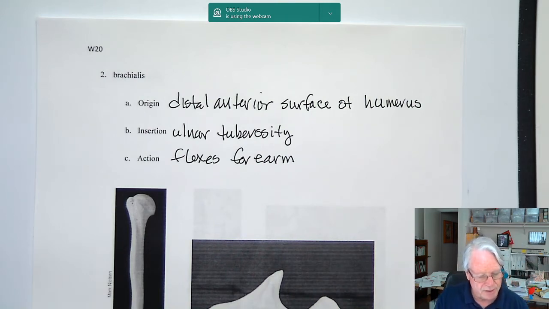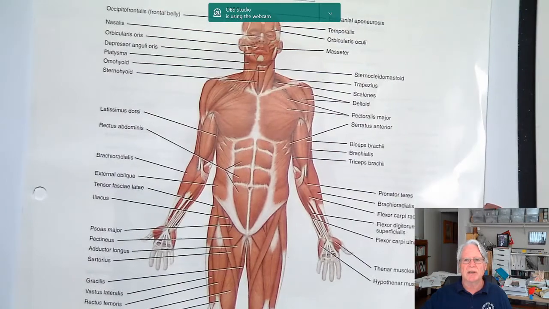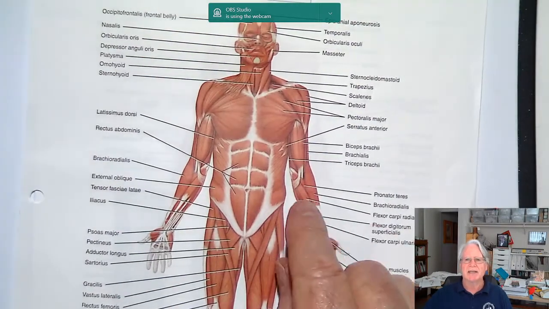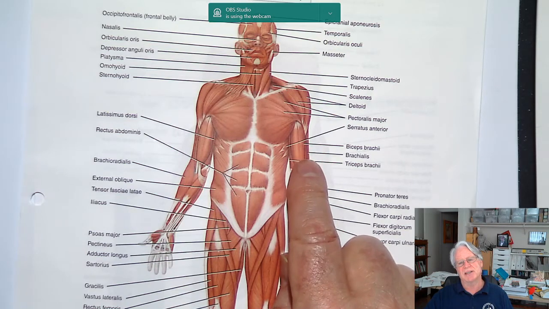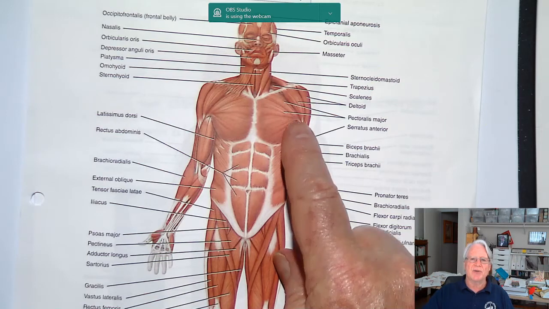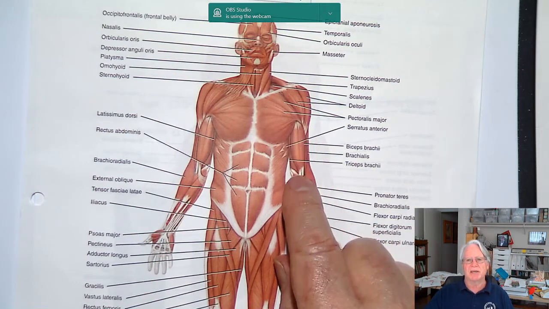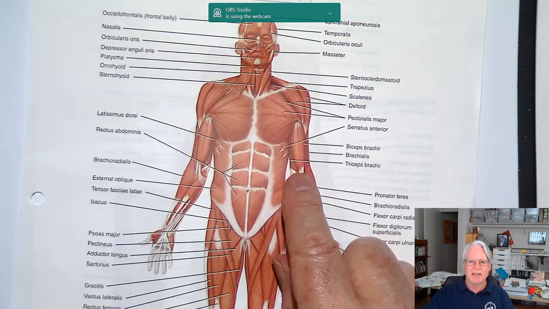So let's go ahead and look at some pictures to see that. I'm going to come back to this image. And do I see it? Well, I can see it if I look carefully. You can see it's identified here, brachialis, but it's a little bit confusing because the truth is it sits directly underneath the biceps brachii. So it's kind of hidden, especially in this view, by the biceps brachii.